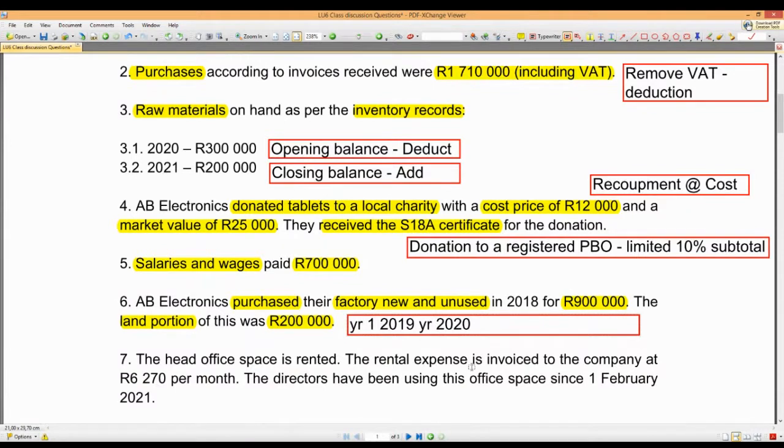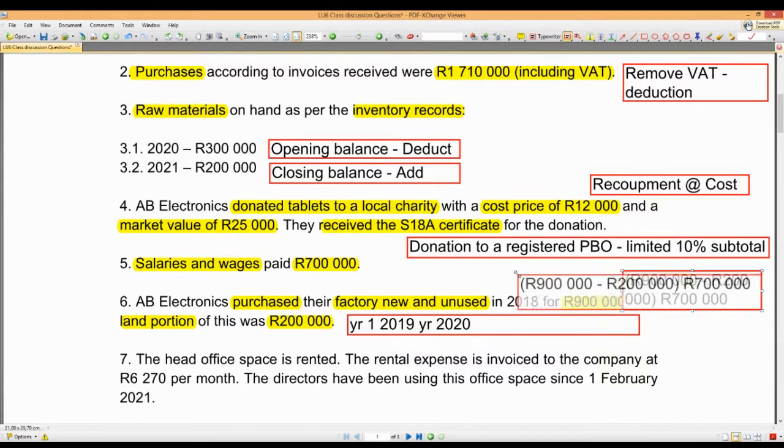And let's quickly see. Factory, new and unused, for 900,000. Okay, let's first start here. We have to take that 900,000. So the portion we're going to work out our capital allowance on will be the 900,000 excluding the 200,000, the land component. So that means we will only do a capital allowance on the value of 700,000.